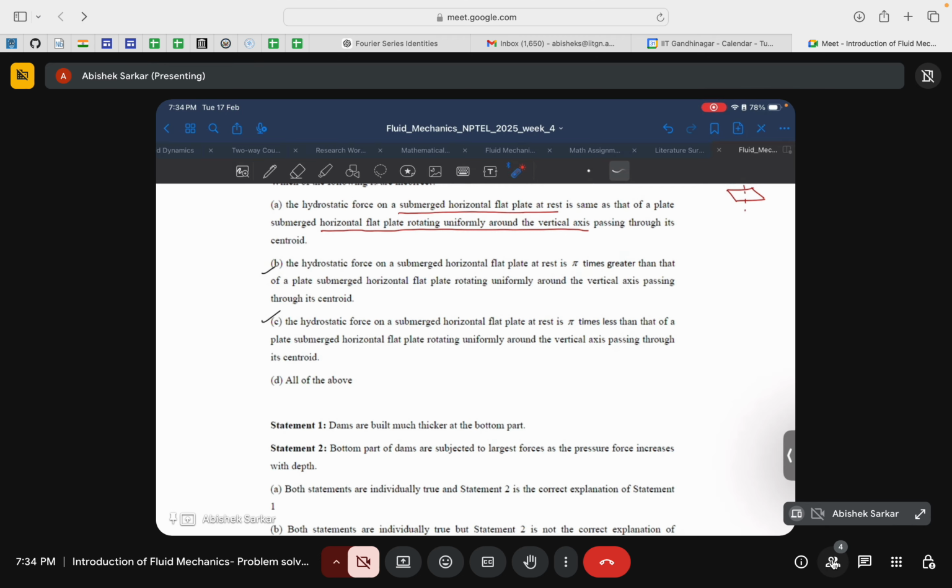And if that's the scenario, then the hydrostatic force assumptions might change, and we might not be able to impose the net force analysis equations on this configuration. Conflicting arguments might occur, but from a simple perspective, if you impose the inviscid assumption, then the rotation of the plate won't cause any motion to the fluid. That's why the force will remain the same. Yes, option A is correct.